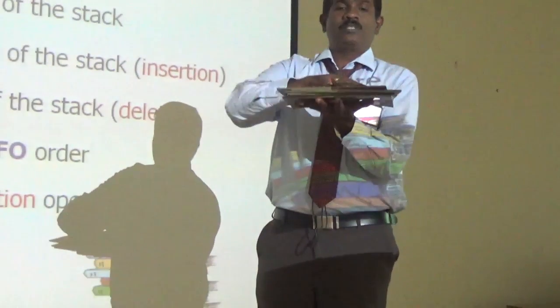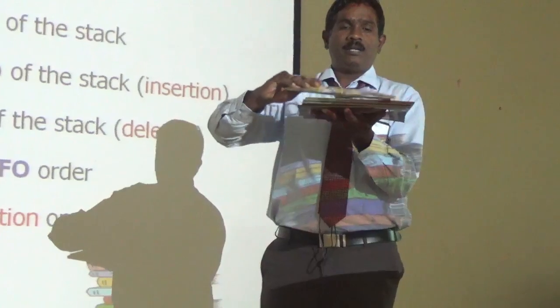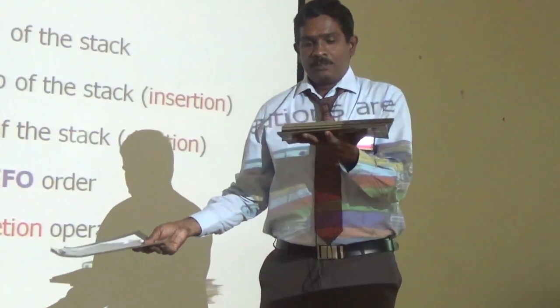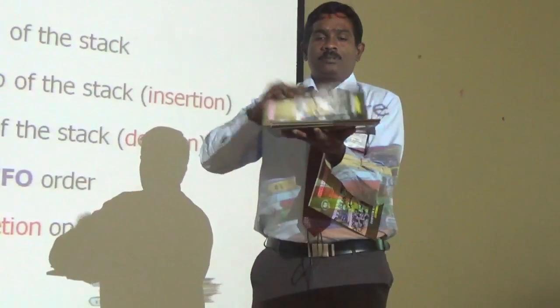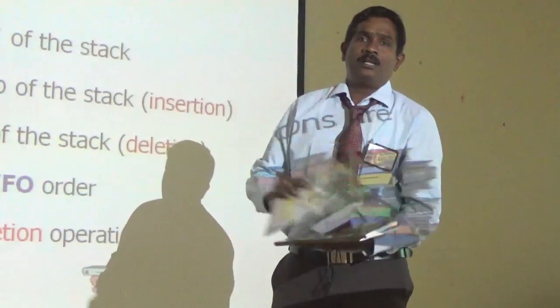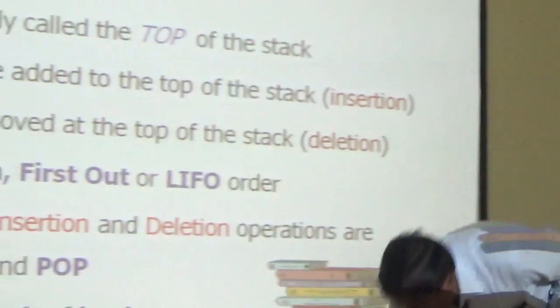That is a stack which consists of five elements. The last inserted book is taken out from the stack of books first, then the next one, like that, because a stack is a linear data structure, and all the elements are added and removed in a linear fashion.